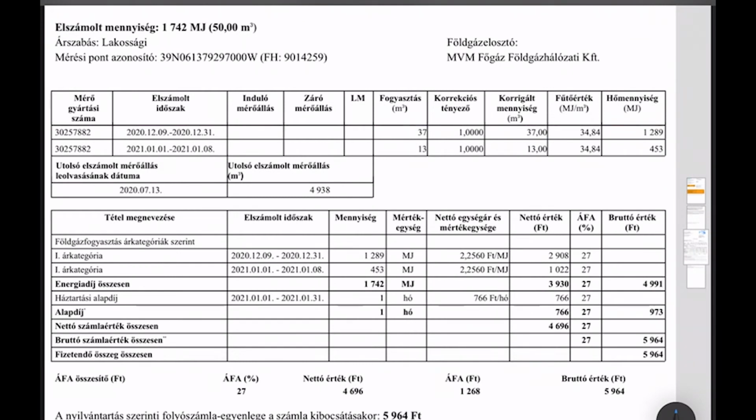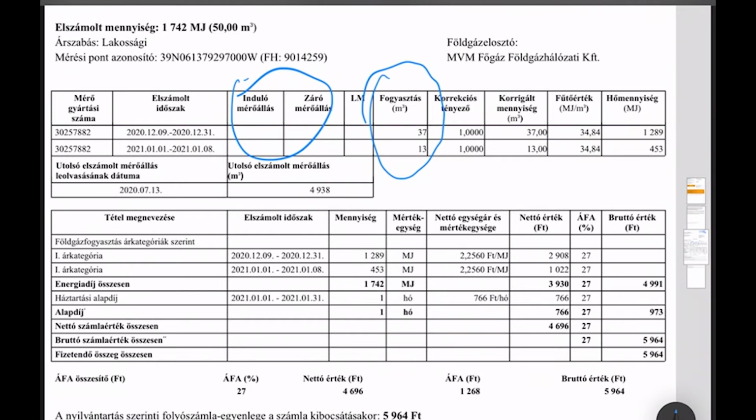Now, what we're gonna look at here is the most important parts highlighted. If you're dictating the numbers every month to the company, then you should have numbers here, the starting number and the ending number, and then they can calculate the consumption based on the difference of the two. So the ending minus the starting number, then you get the number.